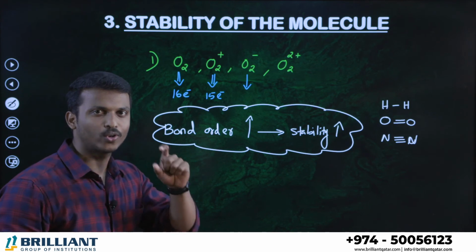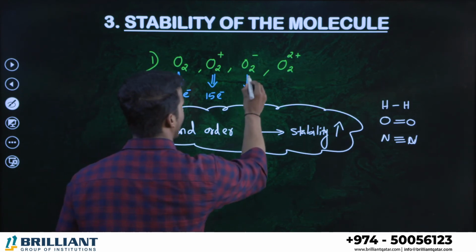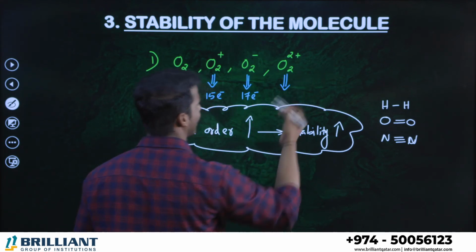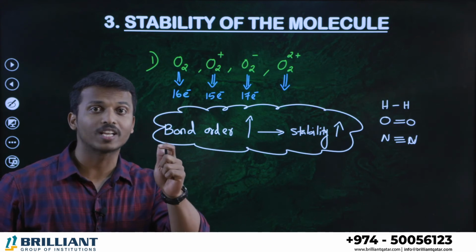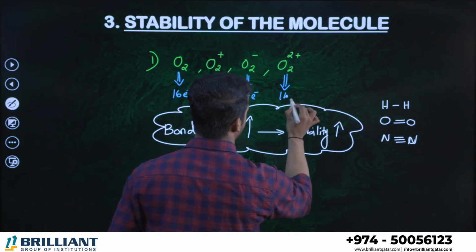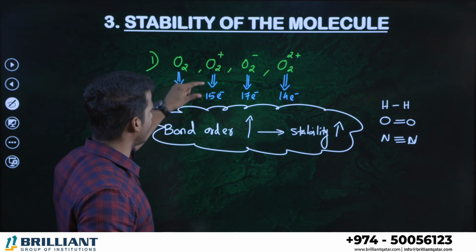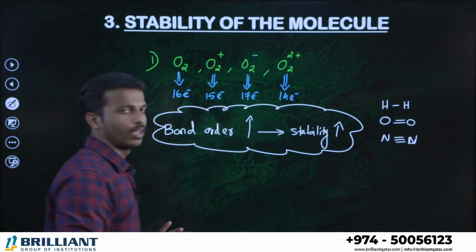O2 has 16 electrons, minus indicates adding 1 more electron, so you have a total of 17 electrons. O2 2 plus: 2 plus means it loses 2 electrons, so a 14 electron system. So O2 contains 16 electrons, O2 plus 15, O2 minus 17, O2 2 plus 14 electrons.